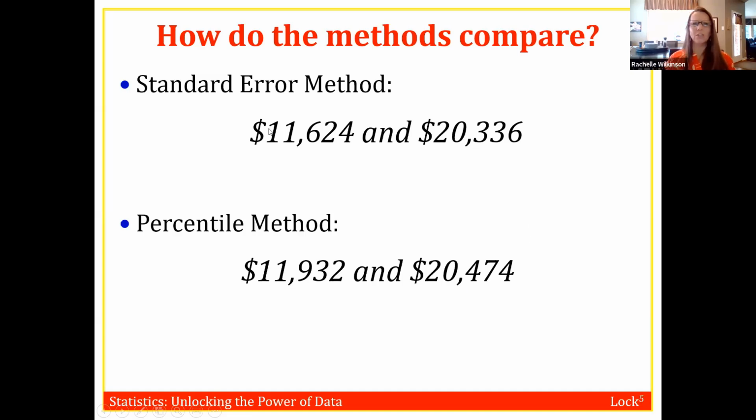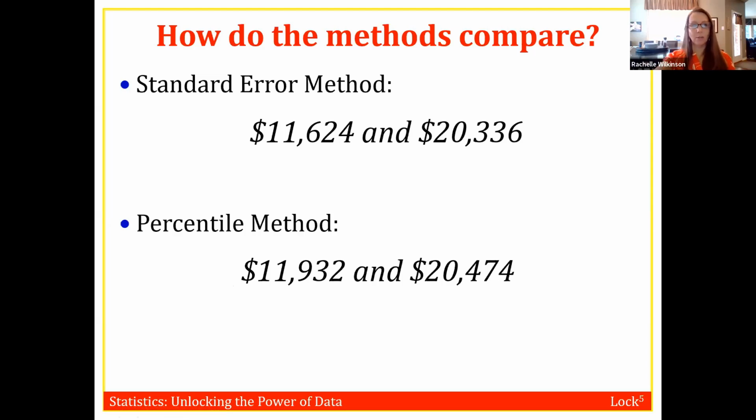So you can see that you get very similar answers using the standard error method versus the percentile method. So really you can choose either method that you like best in real life. In our class, you should obviously do the one that's specified in the problem. But in real life, you could use either method, defaulting to the percentile method if you want a confidence level that is other than 95%.